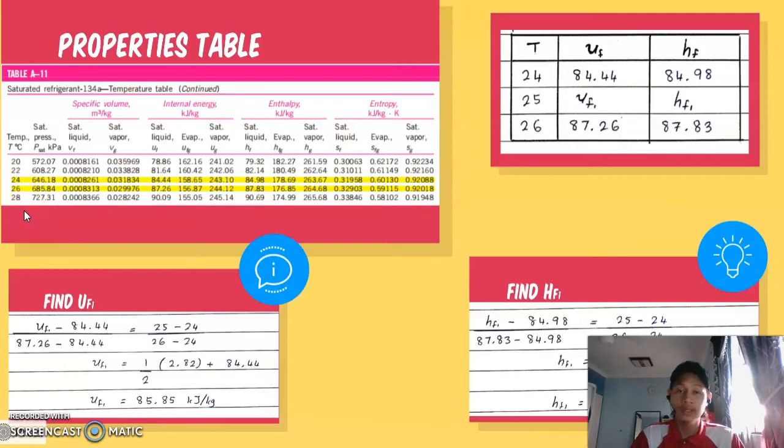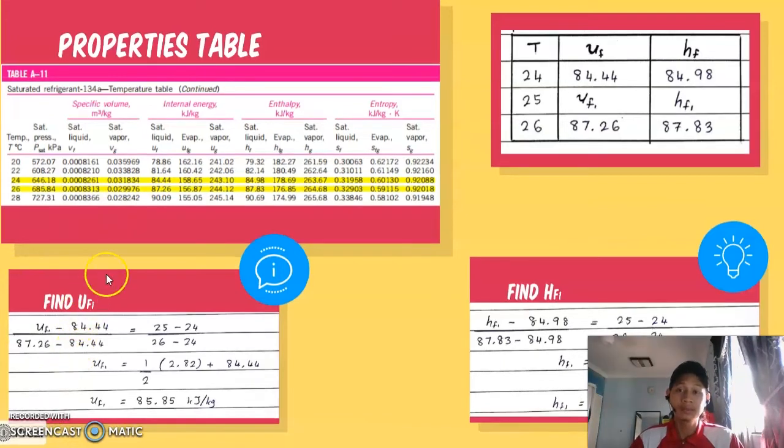So how do we tackle this problem? Firstly, we must use the interpolation method. How do we do the interpolation method? Firstly, we take the properties from two temperatures, which are 24 degrees Celsius and 26 degrees Celsius, because between 24 and 26 is 25 degrees Celsius.